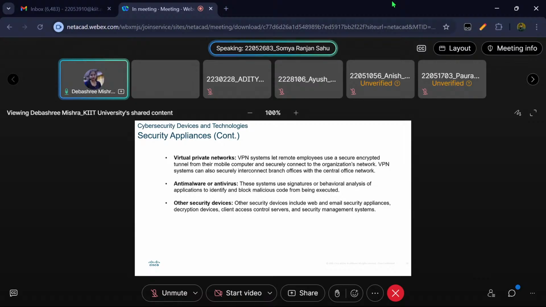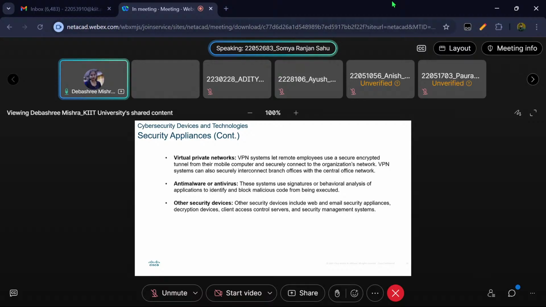We have already talked about this VPN, right? It provides one kind of secure channel between, for example, computer system 1 communicating with system number 2. It does a kind of tunneling of that particular communication, so that whatever message gets transmitted will be secure.